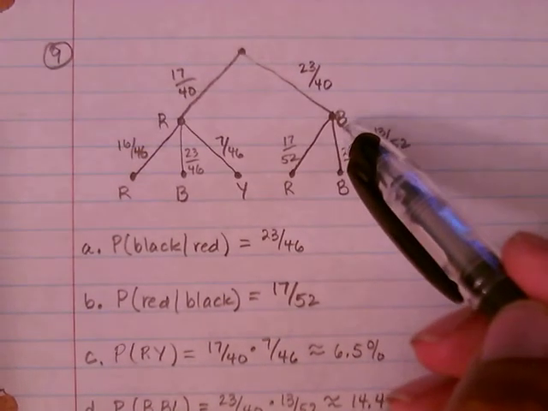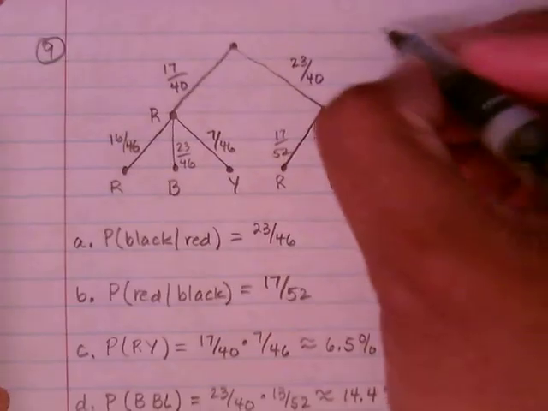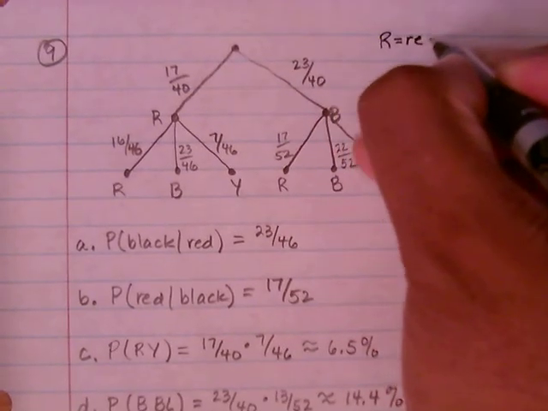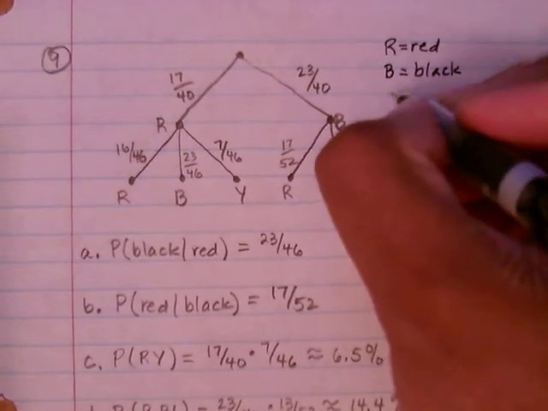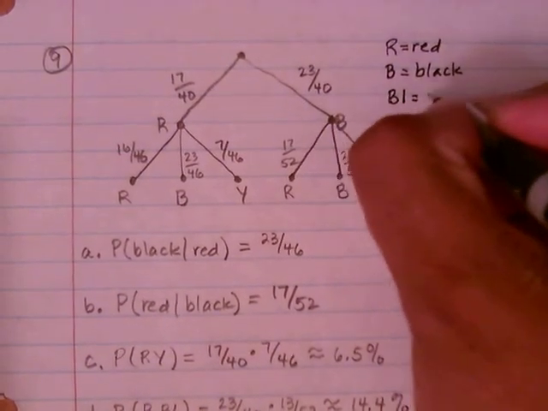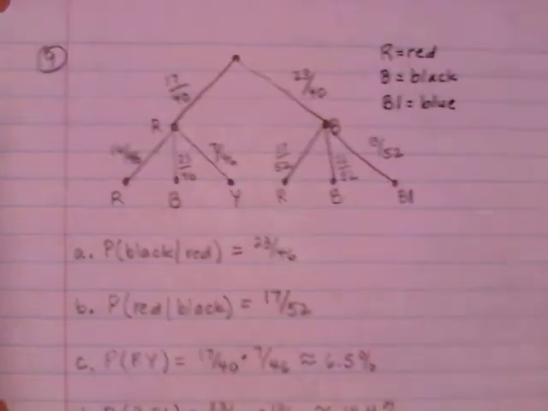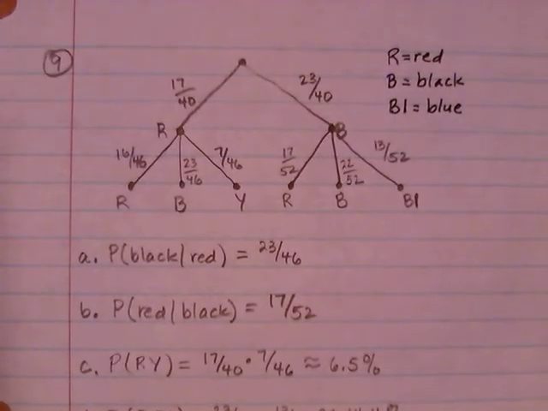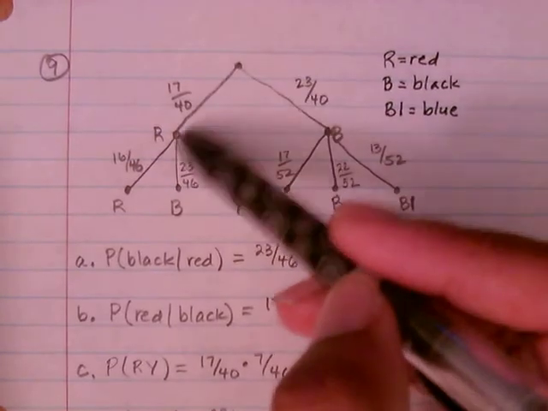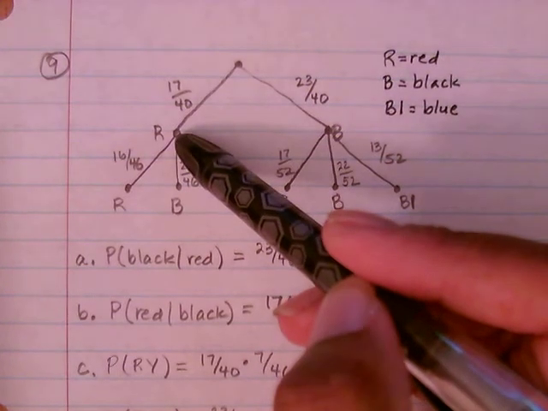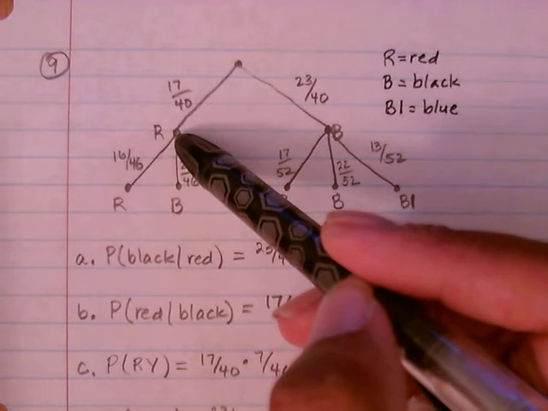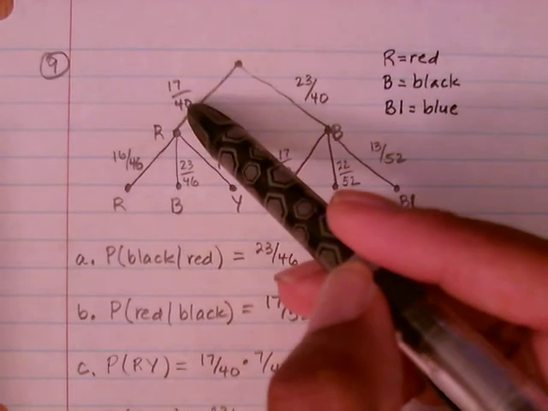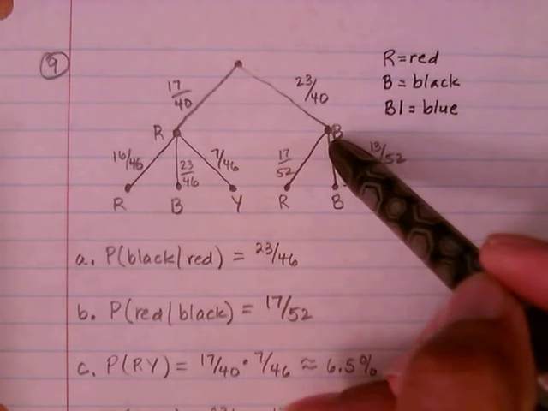So R is your red, B is going to be black, and I'm letting BL be blue. So the probability of selecting a red marble, well, there are 17 red marbles out of a total of 40, because there are 17 red and 23 black. That's a total of 40. So that's 17 over 40. And for the black, there are 23 out of 40, so that's 23 over 40.